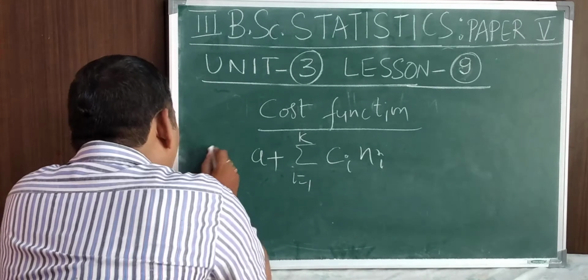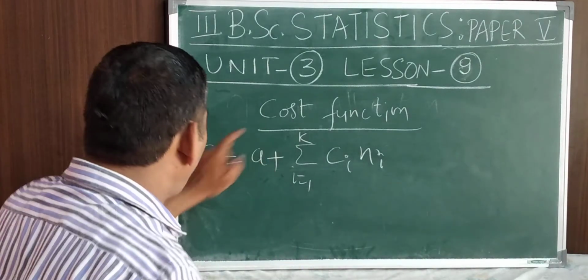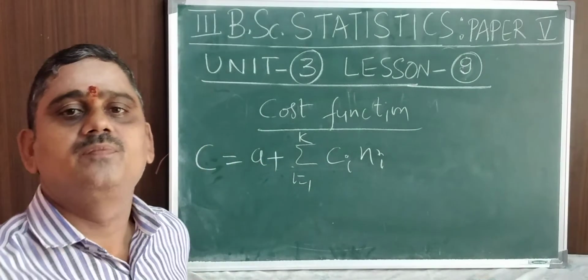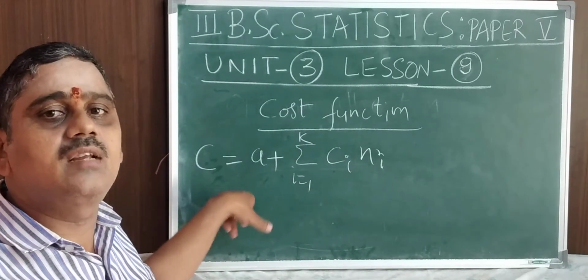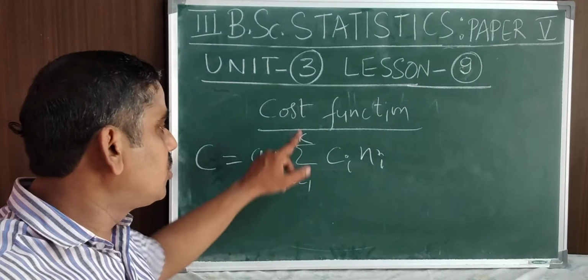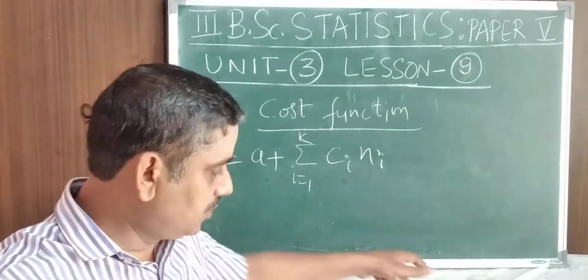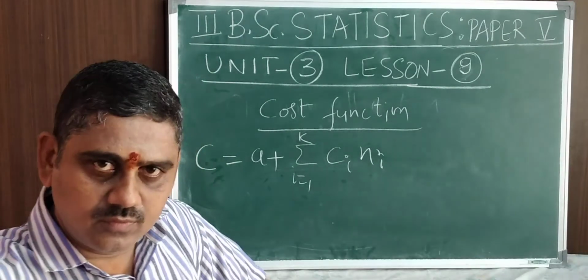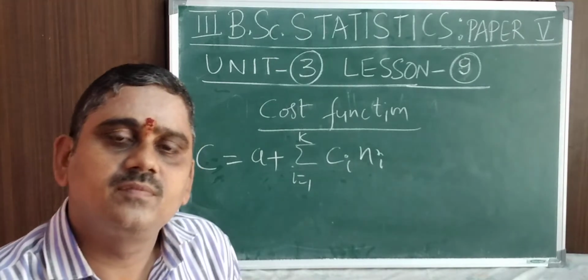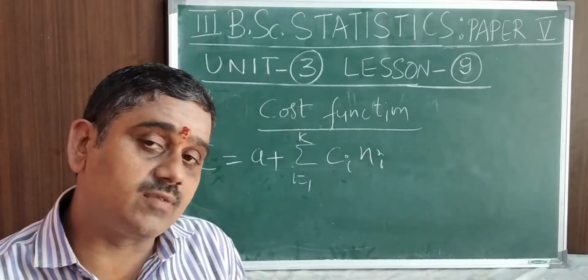So therefore the total cost is said to be C. That is called the cost function. The cost function C is nothing but A plus summation i equal to 1 to k Ci ni. I hope you follow this. Have you understood the cost function?